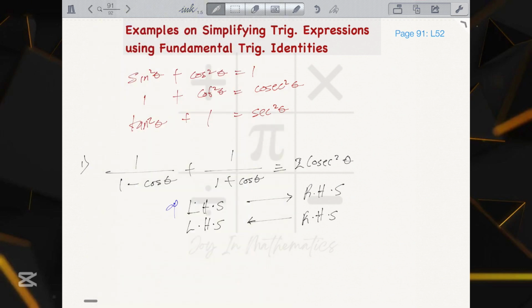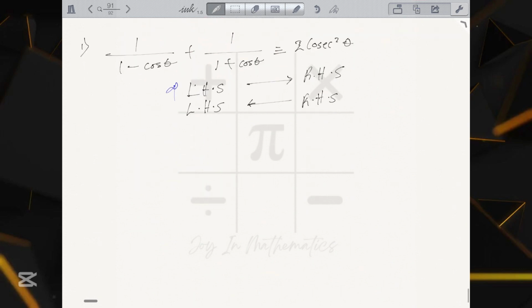So now let's prove this expression. All we are just trying to do is to validate these expressions. So let's begin. We are going from the left hand side to the right hand side.